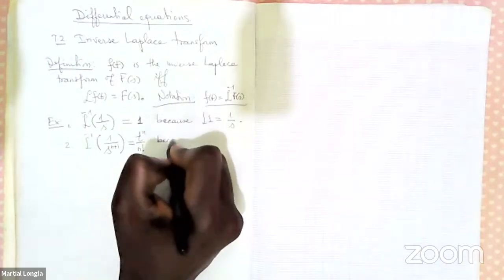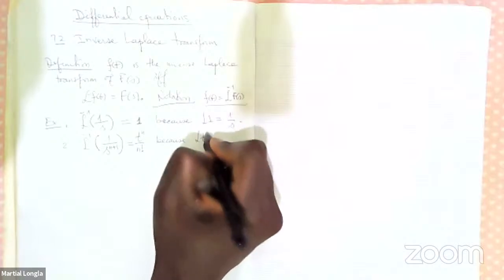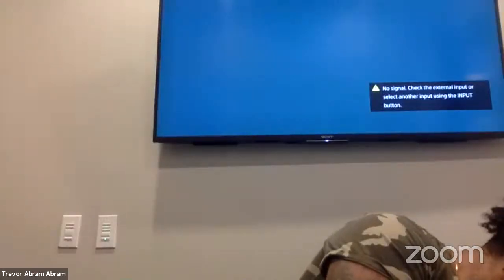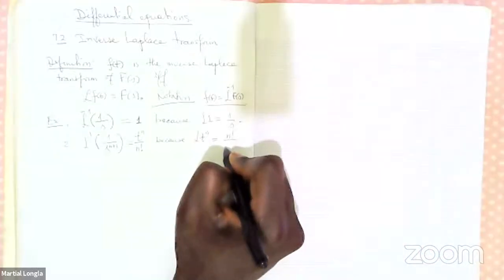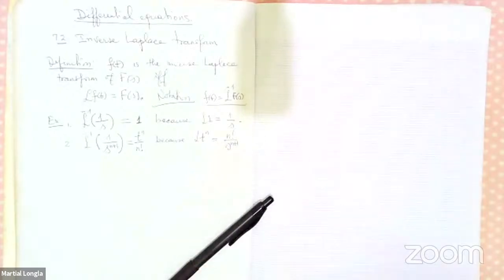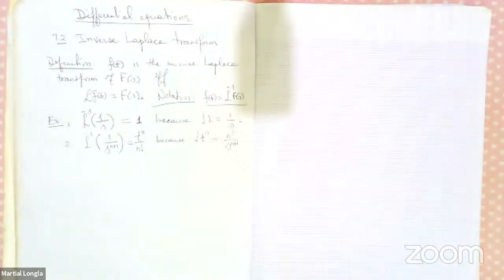Because the Laplace transform of t to the power n, we found it was factorial n divided by s to the power n plus 1. Okay? So technically what we will do today is just going backwards, taking each of the functions that we had on the right, recovering the function that we had on the left, and then use some combinations of those to see how it works out.